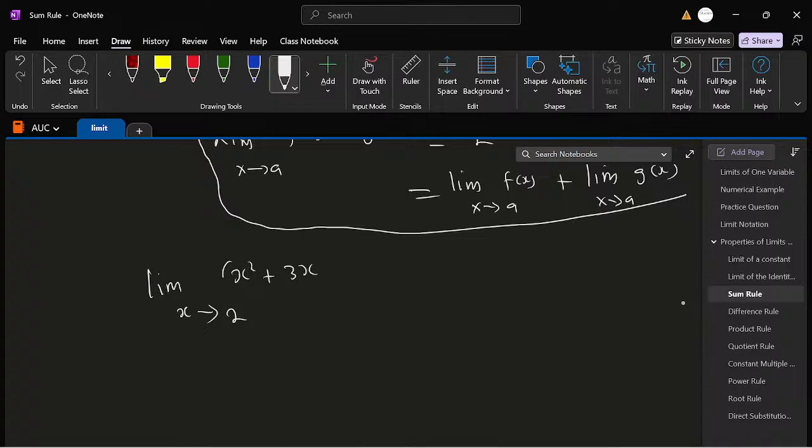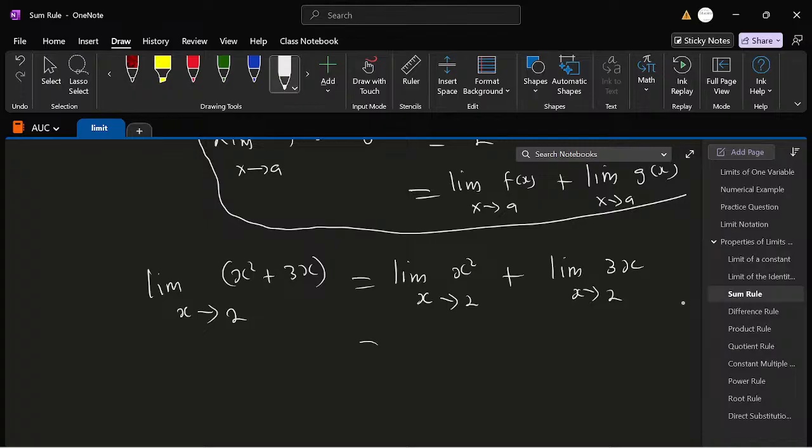This is the f of x. You can write this as the limit as x approaches 2 of x squared, plus the limit as x approaches 2 of 3x. So you can actually split them like this.